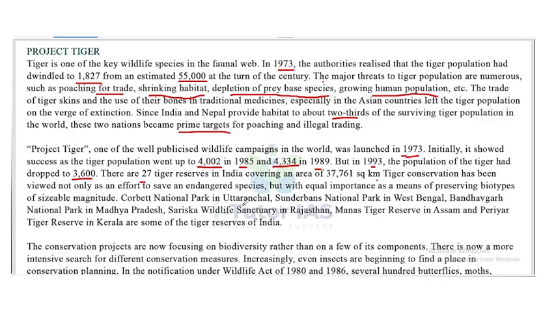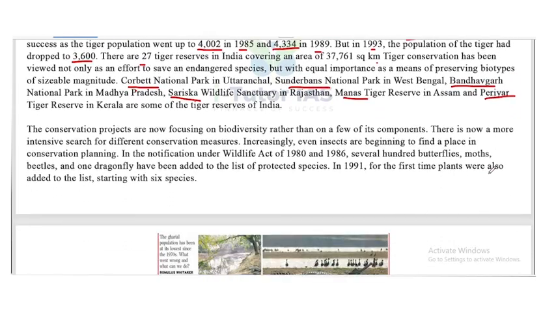Corbett National Park in Uttaranchal, that is Uttarakhand, Sundarbans National Park in West Bengal, Bandhavgarh National Park in Madhya Pradesh, Sariska Wildlife Sanctuary in Rajasthan, Manas Tiger Reserve in Assam, and Periyar Tiger Reserve in Kerala are some of the tiger reserves of India. So that is Project Tiger.